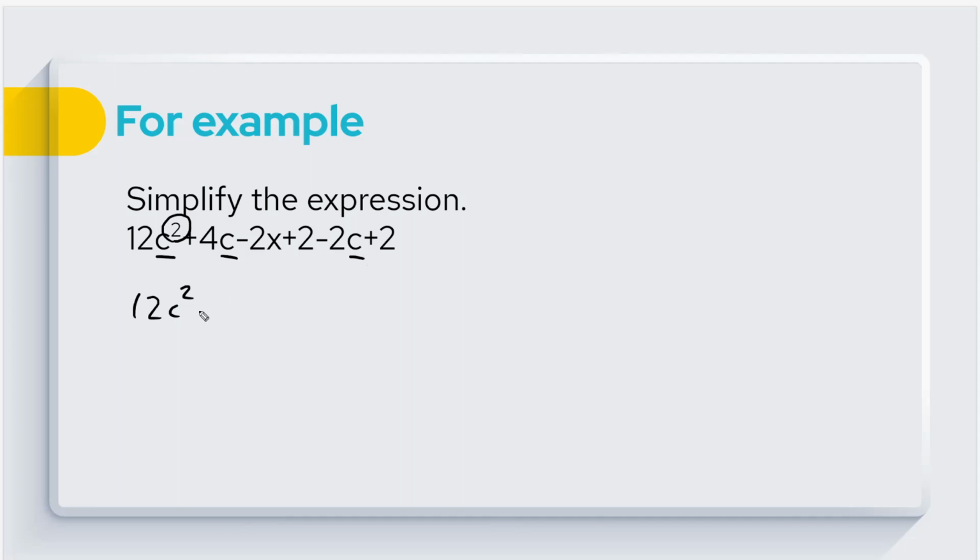We combine those for a positive 2c. And then here we have 2x. There's no other x's, so we'll just keep the 2x. And then we have plus 2 plus 2. We have two numerals here. Those are like terms. They're just numbers. 2 plus 2 is 4. So now we have no more like terms. And that's how we simplify that expression.